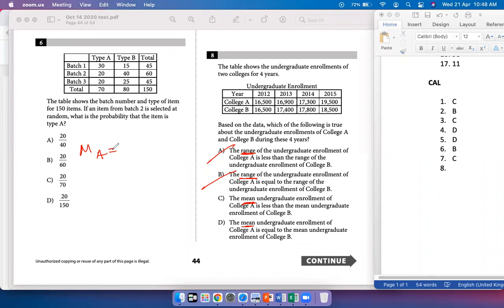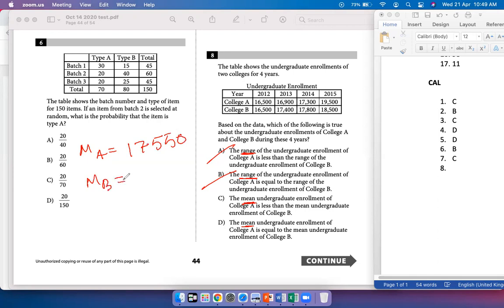So I'm starting with 165 plus 169 plus 173 plus 195, right? Those are the 4 values. And if I divide that by 4, I get 175.5, which becomes 17550. So 17550 is the mean for A.